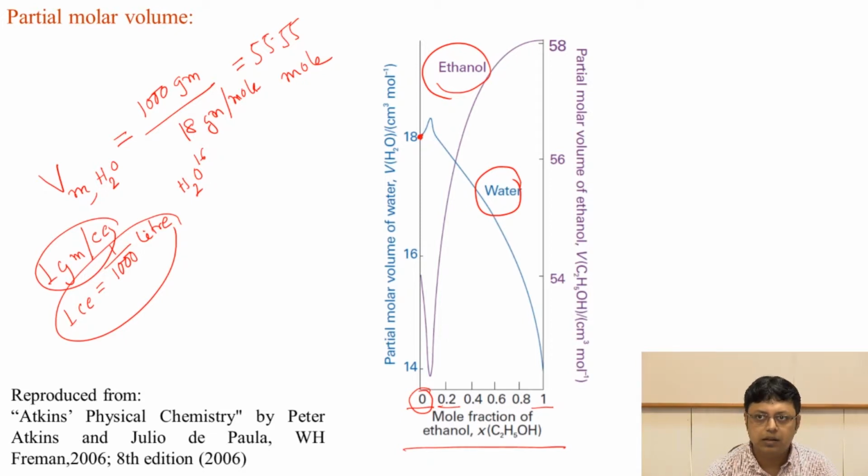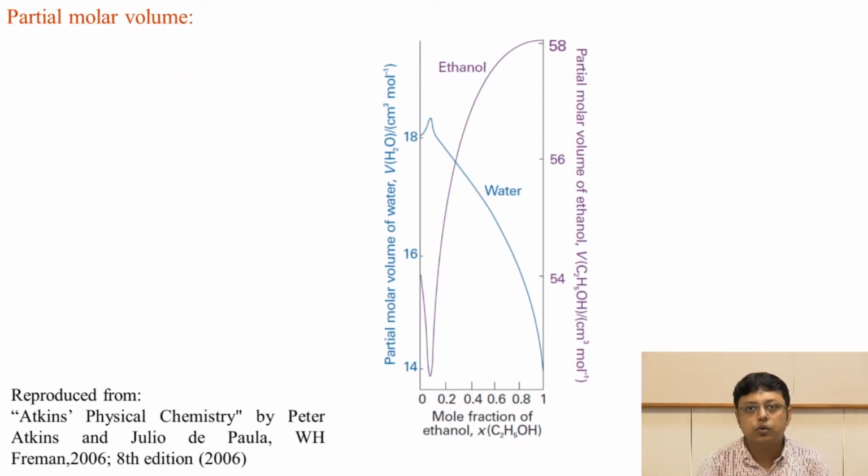This is basically the density of the liquid. So in this plot, we show how the partial molar volume of water or ethanol changes as we keep changing the mole fraction of ethanol. By partial molar volume, we mean the change in molar volume per unit addition of one component. In this case, we are varying only ethanol.